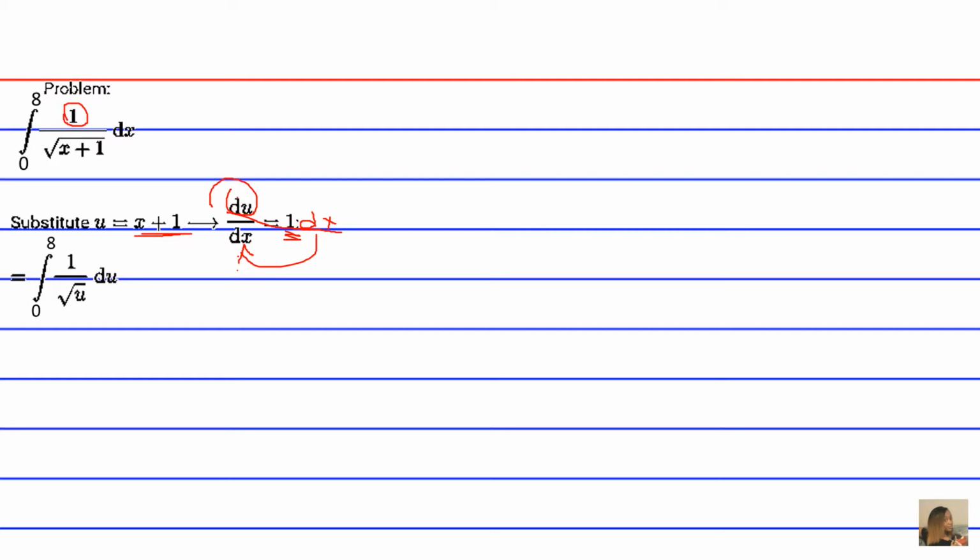All right, so this now becomes the integral from 0 to 8, 1 over the square root of u du, okay?